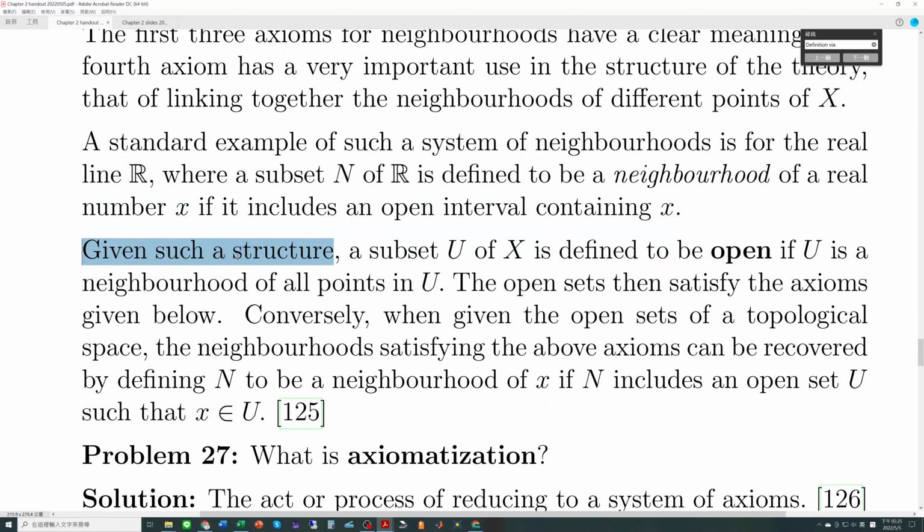And given such a structure, a subset U of X is defined to be open if U is a neighborhood of all points in U.